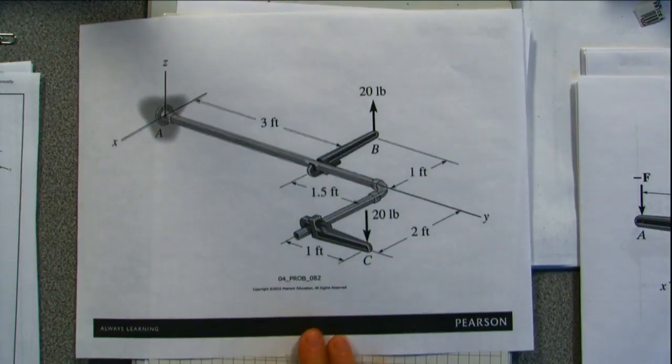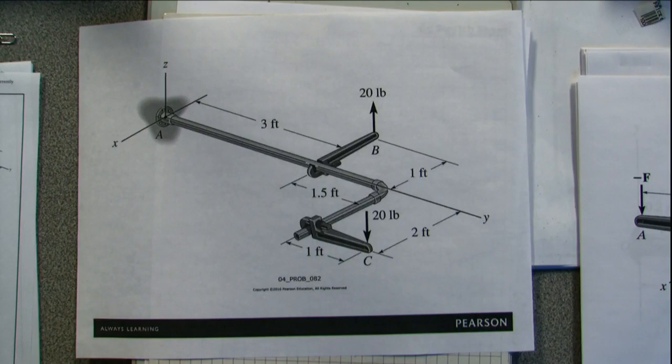Got two wrenches acting on a pipe. We want to express the moment of the couple acting on the pipe. And what's its magnitude?